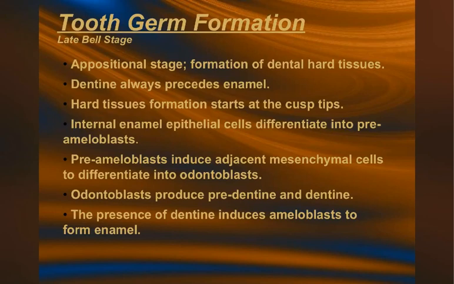Odontoblasts produce predentine, which is quickly mineralized into dentine. The presence of dentine, once mineralized, induces the overlying ameloblasts to secrete enamel. So this is the sequence of events.